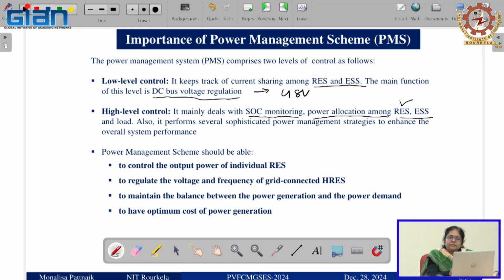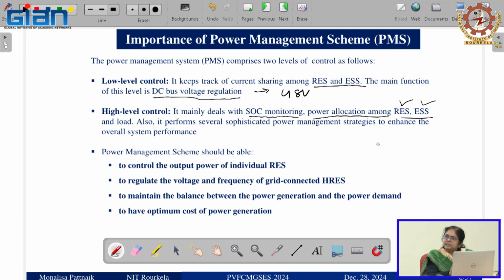When you have a single source and single storage, power management is done in between, depending on the load demand. It has to supply the load, and if there is excess power, the battery will store it. If there is a shortage of power, the battery will supply.